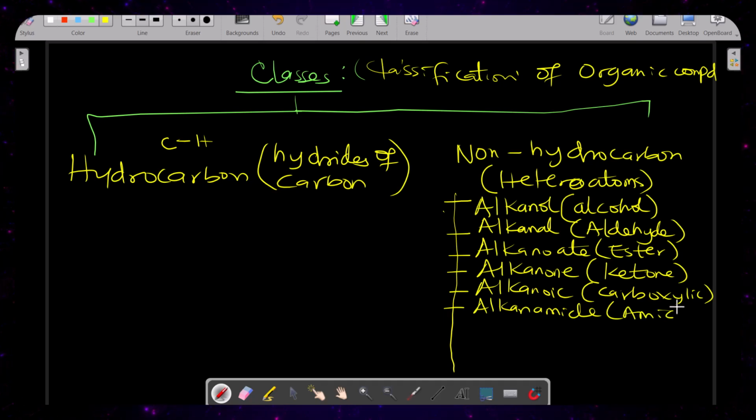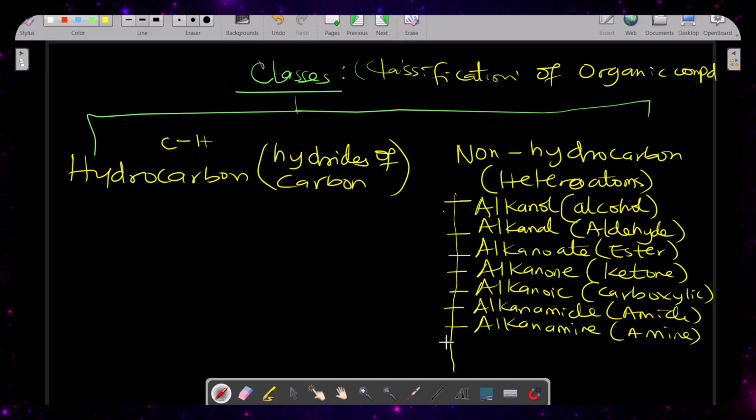We also have the alkanamine, the amine, which I'll be talking about here.